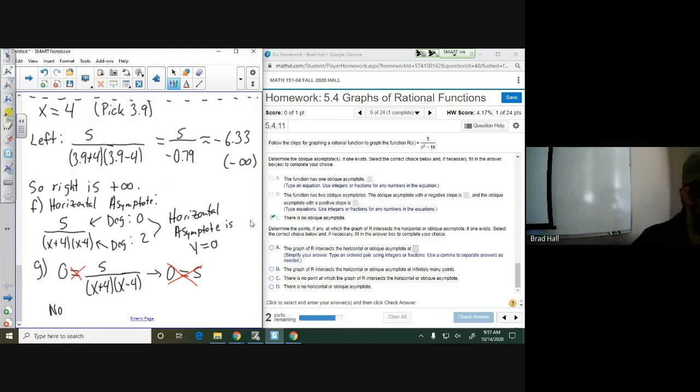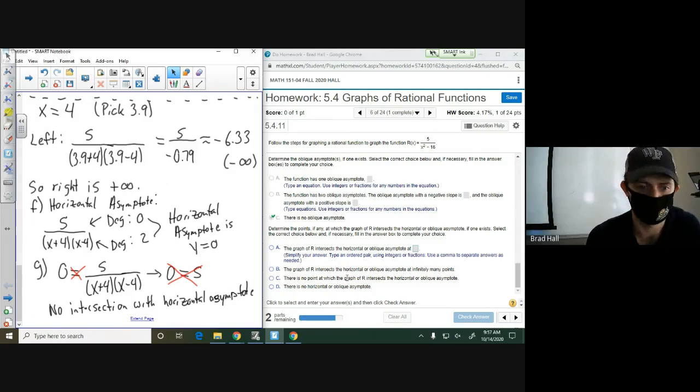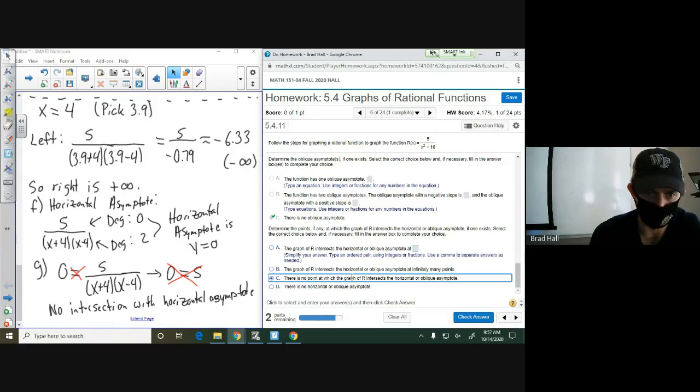So this is no intersection. There's no point at which the graph intersects the horizontal asymptote.